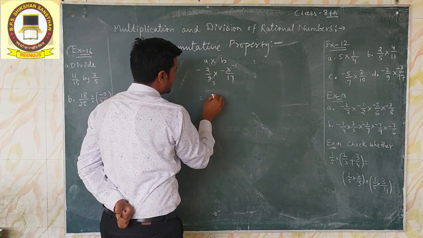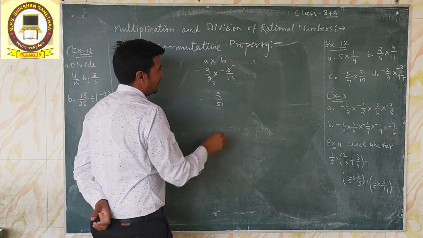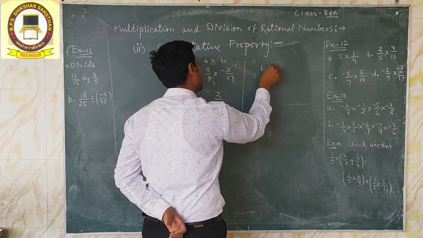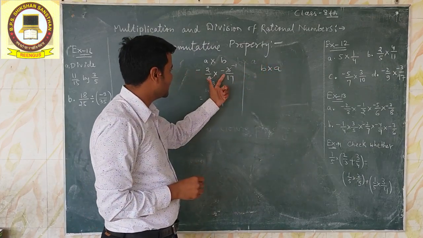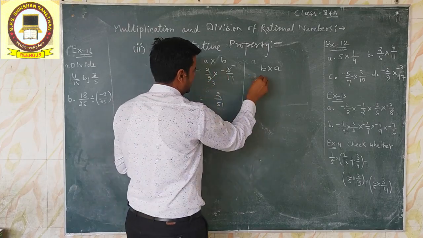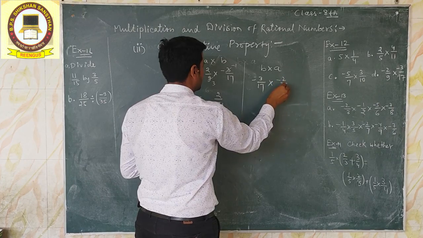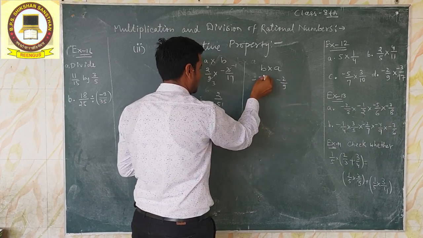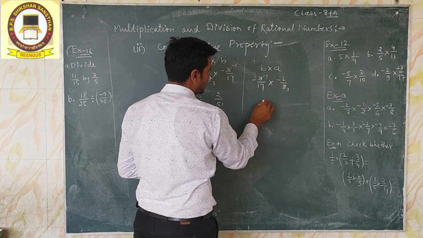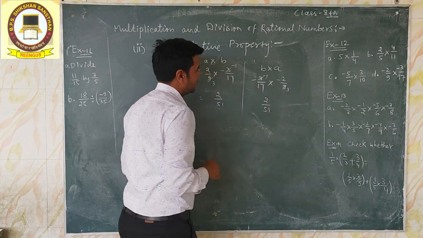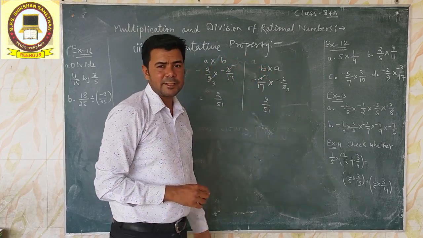The answer becomes minus times minus, plus 2/51. If we do this question by changing the sequence of writing the numbers, we get minus 3/17 and minus 2/9. Then again minus becomes plus, so 2/51. So the commutative property is applicable on multiplication.